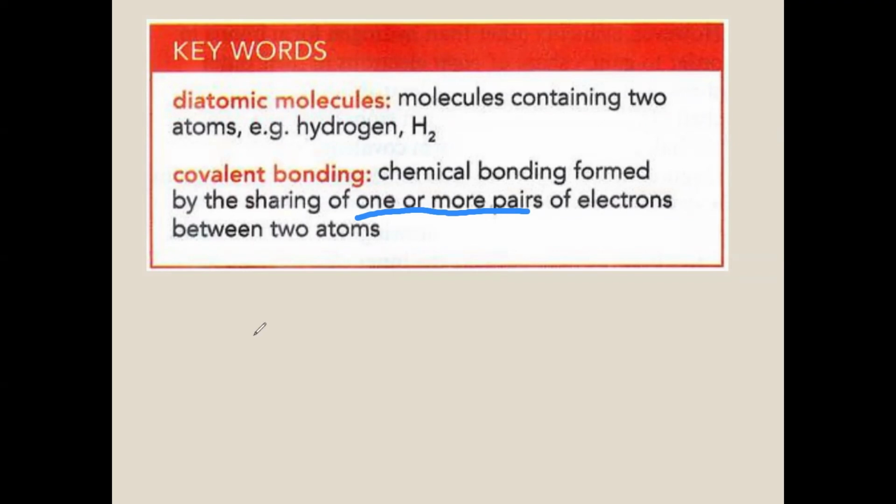So if we have an atom X and an atom Y, whatever X is and whatever Y is, if X has one electron that needs to be paired, and Y has one electron that needs to be paired for each outermost level to be completed or full, they will form a covalent bond.